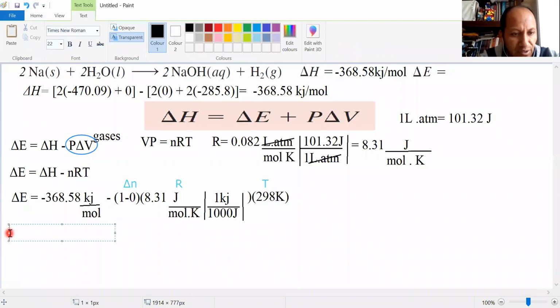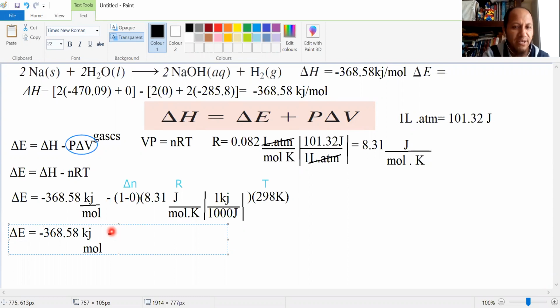We're going to have that at the end, the total energy is going to be equal to minus 368.58 kilojoules over mole, and so on, and we continue that, and all of that minus.